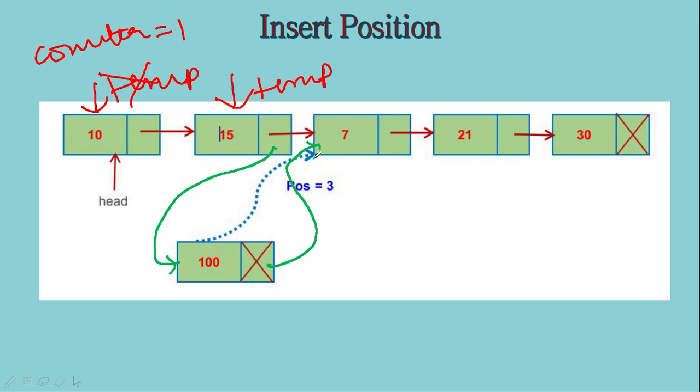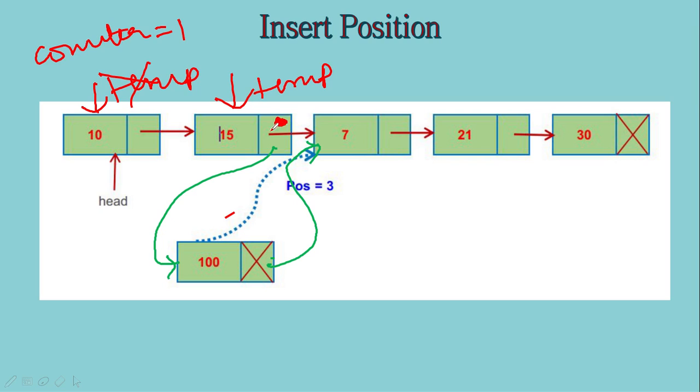But which one should be done first? Either this one or this one. Suppose you do this one first. This is the only place where the address of this particular node is available, and the address of the next node is available here.